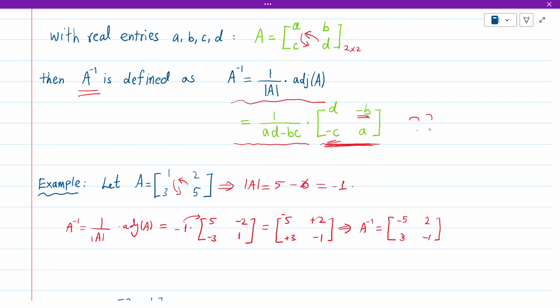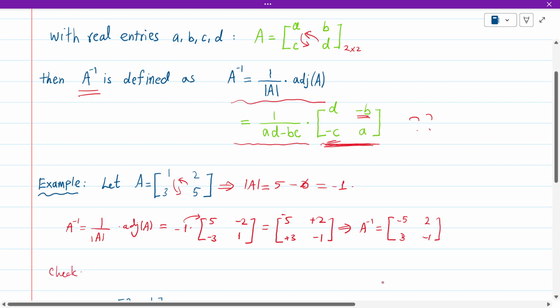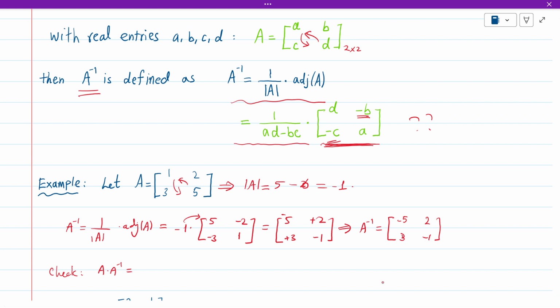Now, to check whether this is correct or not, we can use this formula and see whether we get the identity matrix. So A is 1, 2, 3, 5, and A inverse is negative 5, 2, 3, negative 1. When you multiply these two, you multiply this row by this column. So 1 times negative 5 is negative 5, plus 2 times 3 is 6.